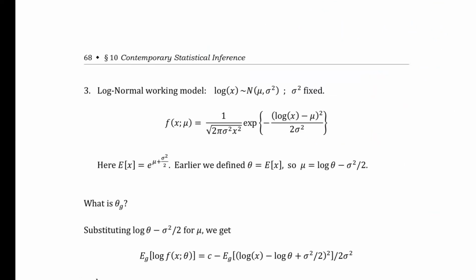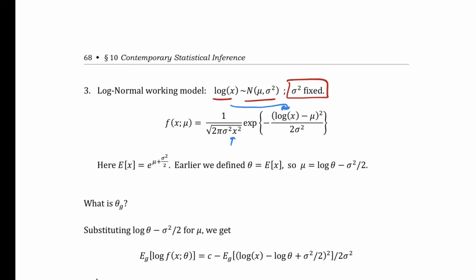Let's look at the log normal working model. So, okay, the log normal model says, hey, I take the log of the data and then it's normal. Again, let's assume I know the variance. Okay, fine. So this is basically a normal model. Notice that I have log X in here. I got a little extra piece here to make this thing integrate to 1, but this is a log normal working model.